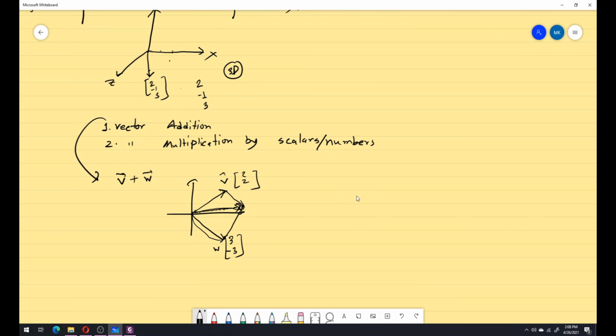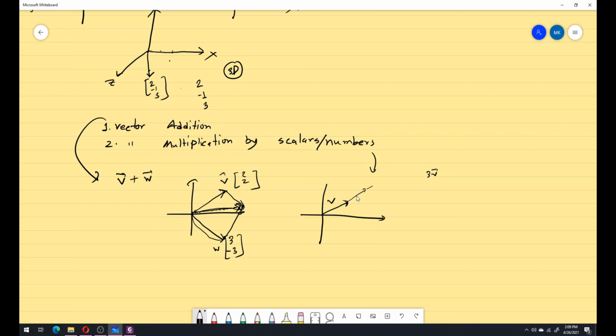And multiplication by the scalars is basically stretching or squeezing one particular vector. For example, let's say you have this vector v, so you want to get 3v. So how do you actually get this vector? So you actually stretch this vector 3 times.